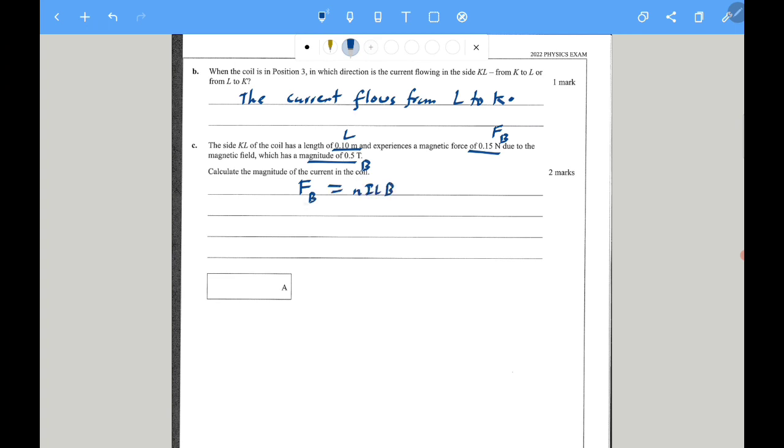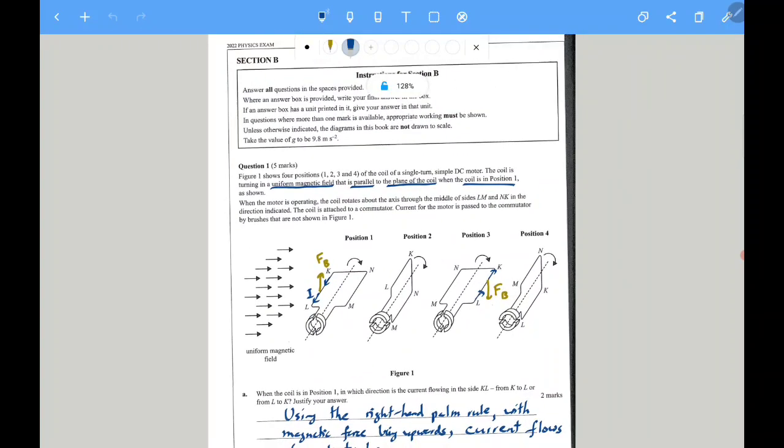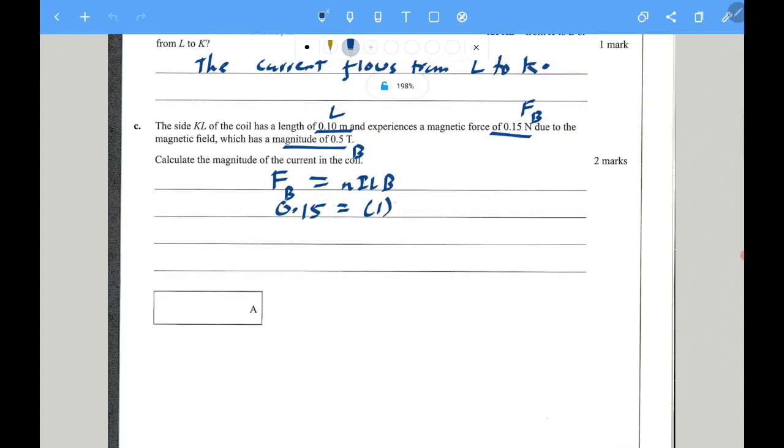We can sub all of these values into this formula, assuming that our coil is only made up of a single turn, and there's nothing in this question that indicates there's more than one turn, so we can make that assumption. Subbing all of these values in, we get 3 amps as our answer. So hopefully you guys got that right.